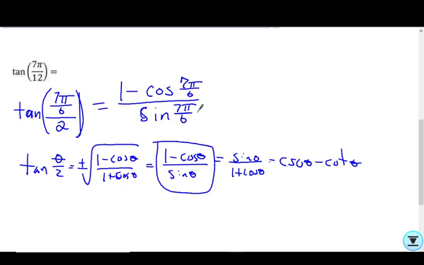Okay? And now we just use our unit circle values. So 1 minus cosine at 7 pi over 6, negative square root of 3 over 2, over sine at 7 pi over 6, which is negative 1/2.